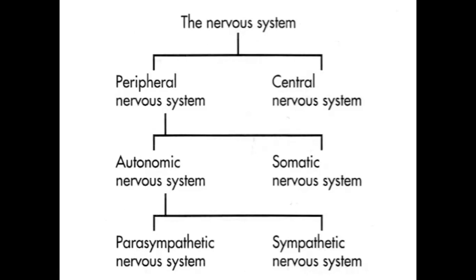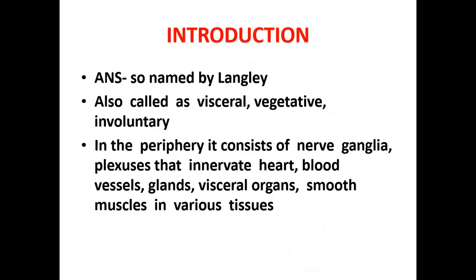And this autonomic nervous system, which is not under the voluntary control, is further divided into two, that is sympathetic and parasympathetic. It is also called visceral, vegetative, and of course involuntary nervous system.